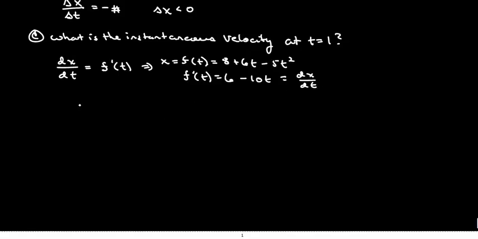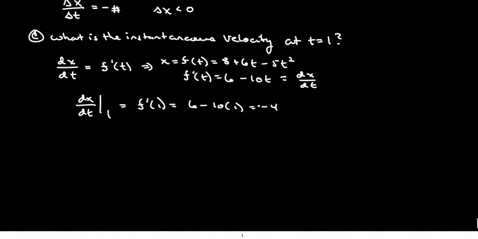Now what we want is, what is dx dt? What is the rate of change of position with respect to time? That's what velocity is. It was the instantaneous one at t equals 1. So that is the same thing as f prime at 1. And so that's going to be 6 minus 10 times 1, which is negative 4.